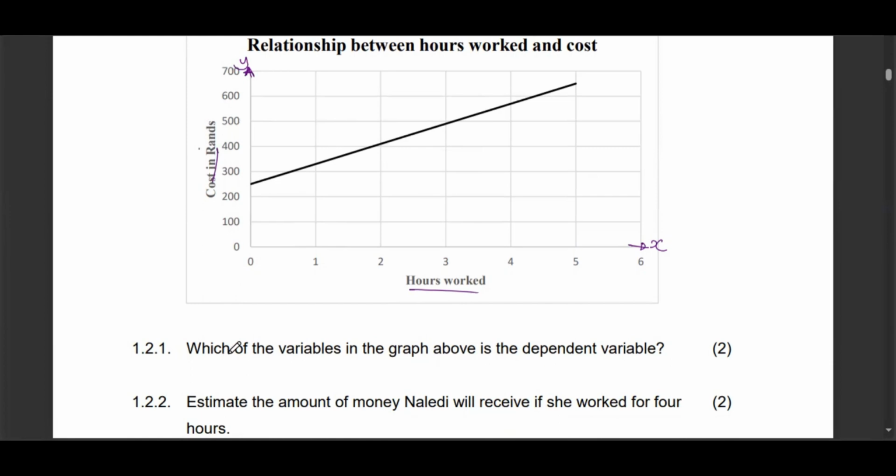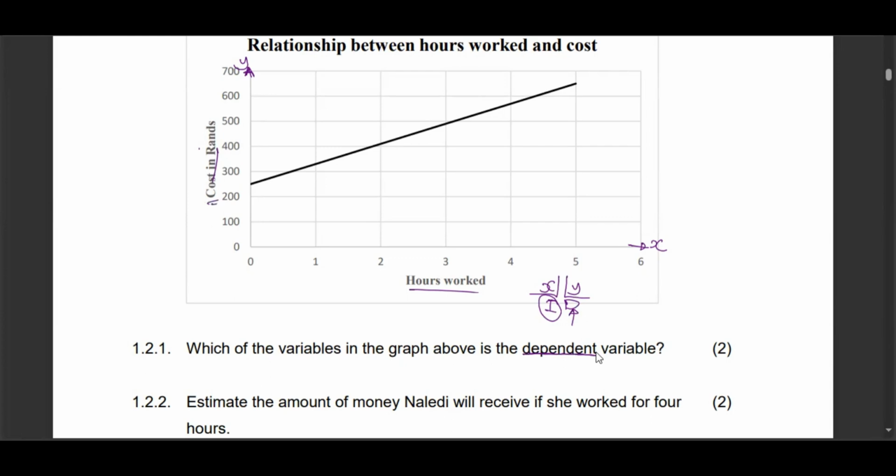Then they ask which of the variables in the above is dependent. Now, I want you to remember that we say I, D, X, Y. So whatever is on the x-axis is independent. Whatever is on the y-axis is dependent. So what is on the y-axis here?